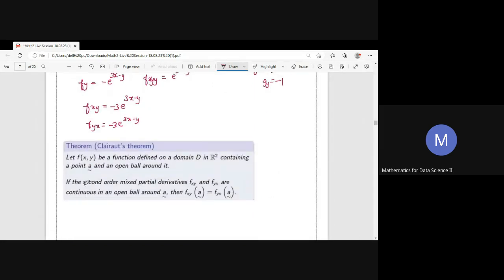Okay, but in some cases it is possible that the partial derivatives need not be continuous. In that case they will not be equal. Okay, so Clairaut's theorem is valid only when you have the continuity of the mixed partial derivatives in some open ball. Okay, so this is Clairaut's theorem.